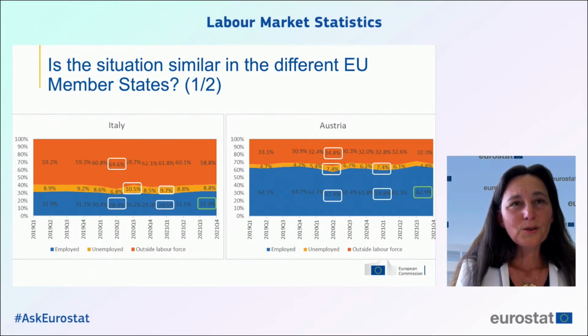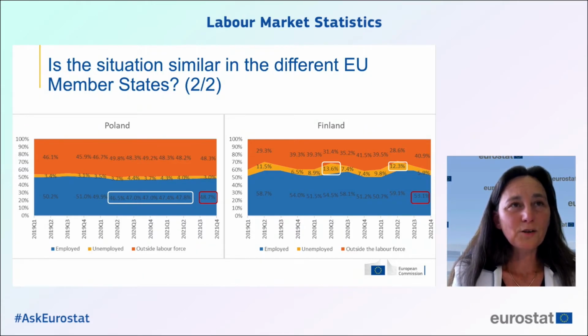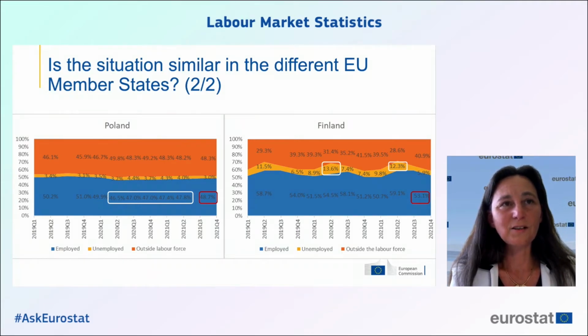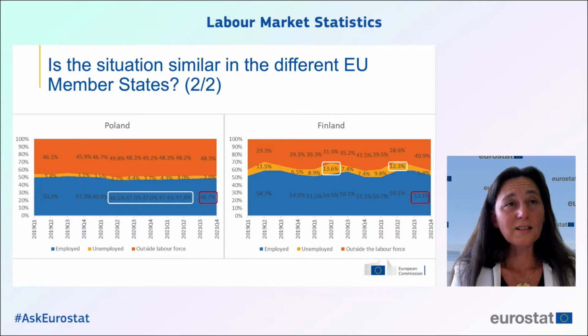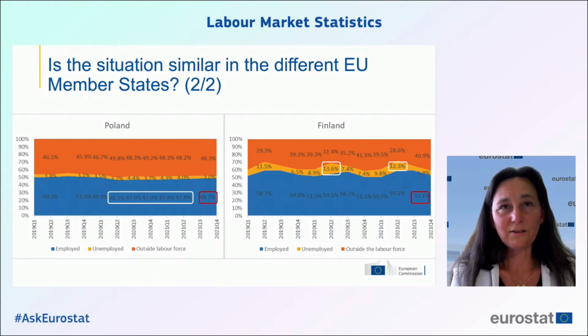Now, if we go to the next slide, we can see 2 different countries here. What I would like to show is that all my slides take the non-seasonally adjusted data. And what is interesting to see between these 2 countries is the seasonal effect. So in Poland, the seasonal effect is really small, while in Finland you have a big seasonal effect, because you have this graph going up and down across time.